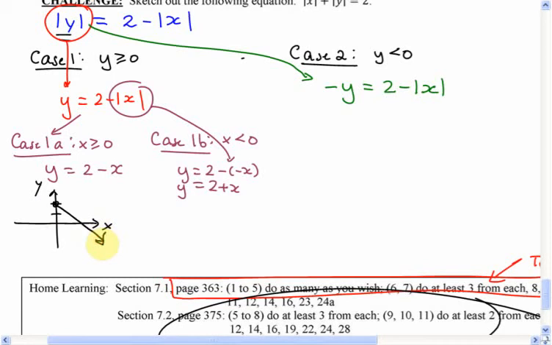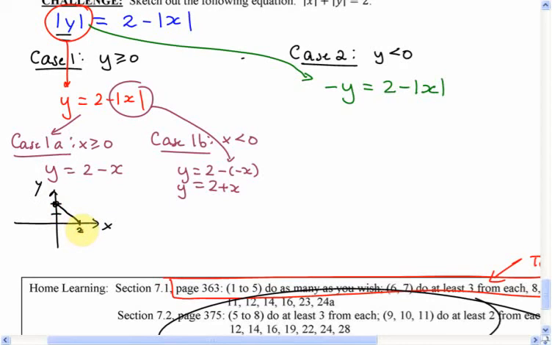Technically not, because this is case 1A. The restriction is x must be greater than or equal to 0, but there's also something else from case number 1. Y also has to be greater than 0. So I don't want that whole line. I only want, let me erase, only this part right here.